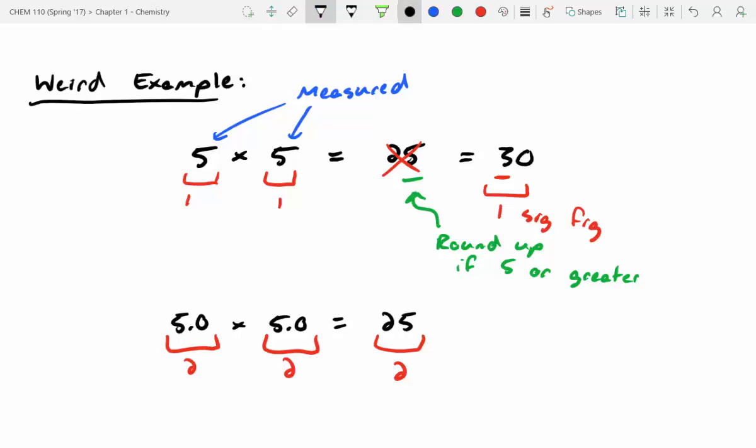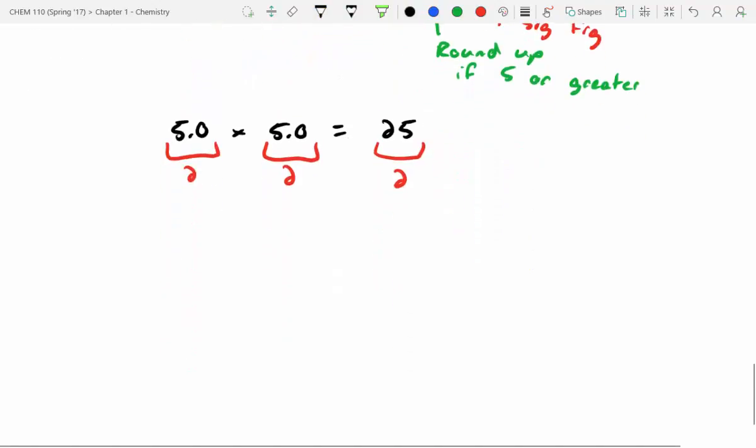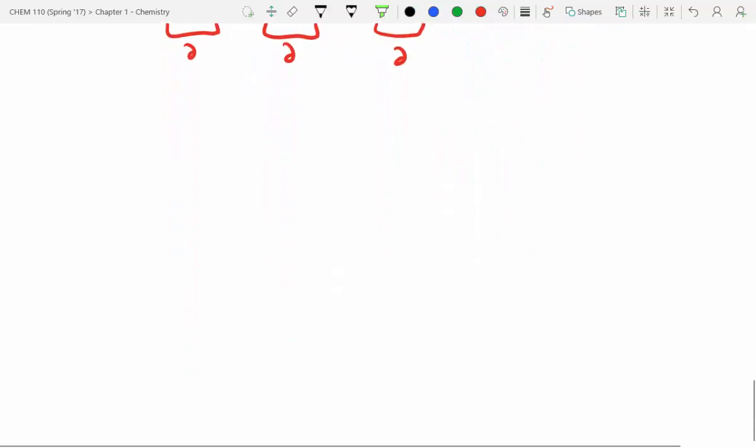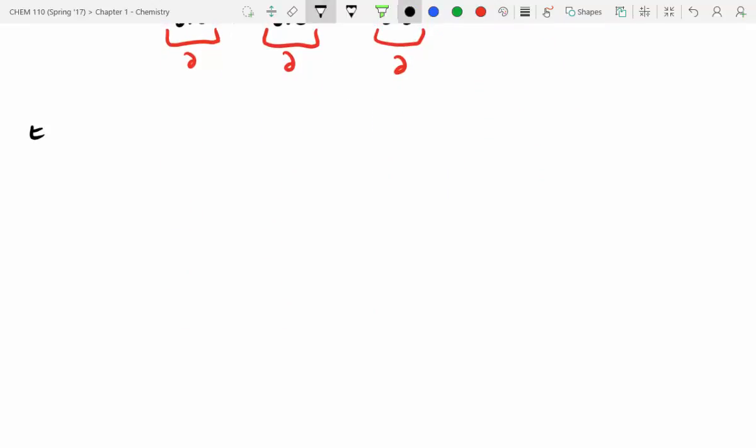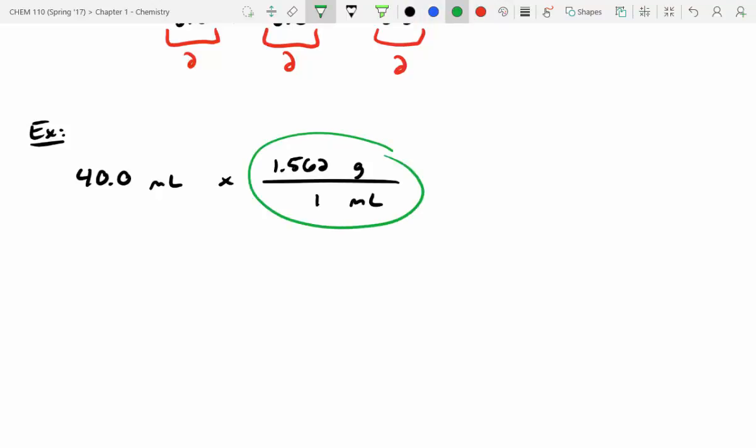Okay, let's do some more examples, and then I'll give you guys a worksheet for the last few minutes. So let's say we have 40.0 milliliters. So really what this is a density, right?